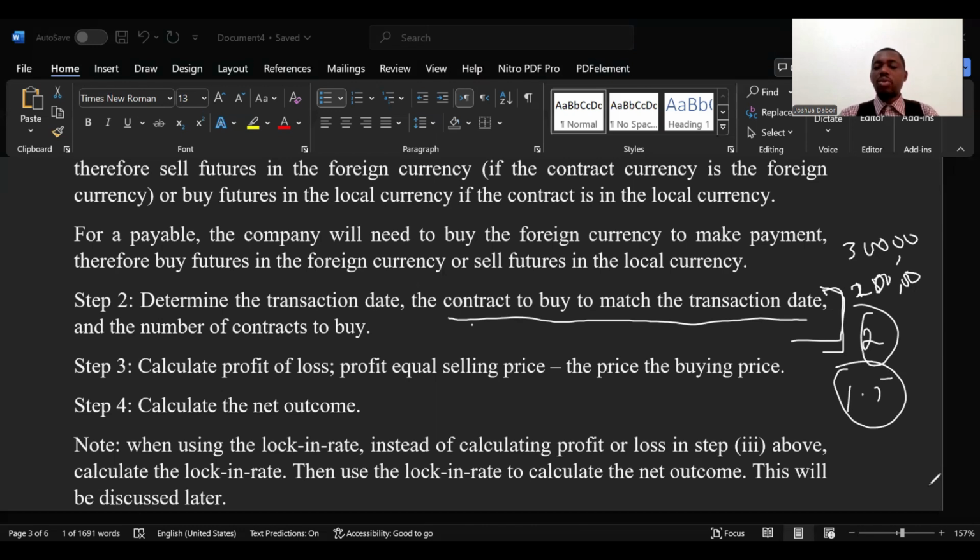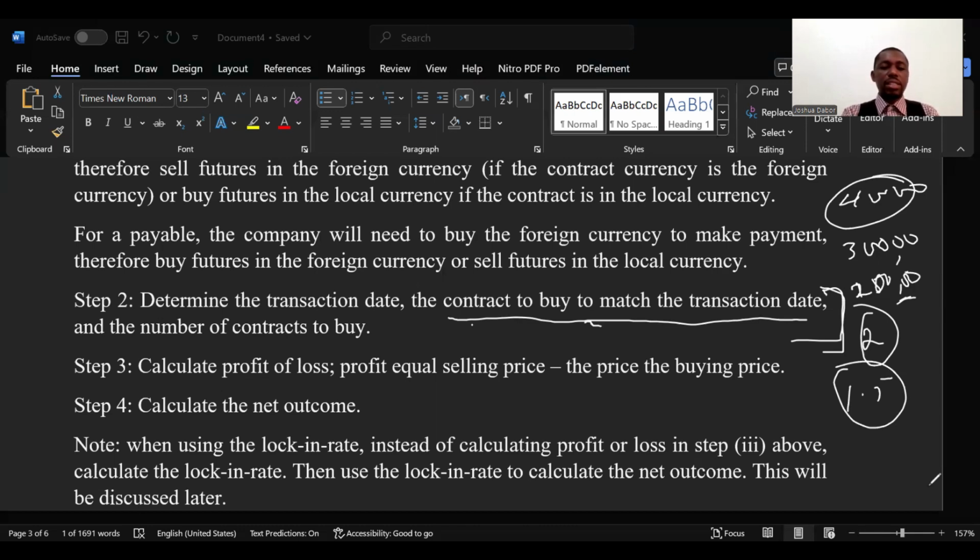So that means it's either you overhedge to buy 2 contracts at 400, or you underhedge to buy one contract at 200. So the third thing, after you've been able to establish the contract to buy, is to know the number of contracts to buy.